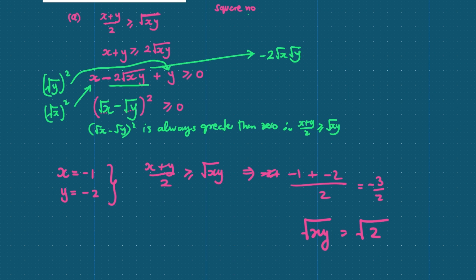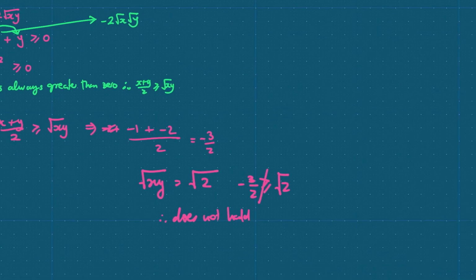And I know that -3 over 2 is not greater or equal to root 2. So there you go. We have proved this inequality does not hold when x and y are negative.